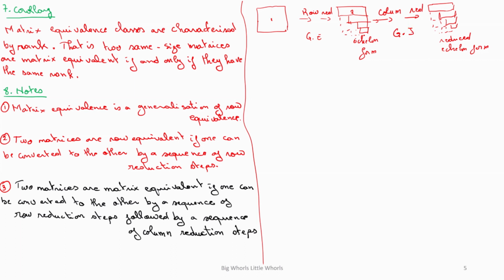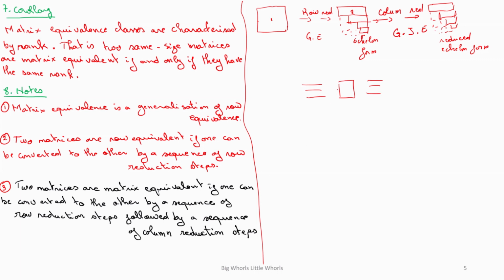That's what we did previously with Gauss-Jordan elimination, but this time we are going to do row reductions followed by column reductions. So if we are given a matrix, we do some row reductions, followed by column reductions.